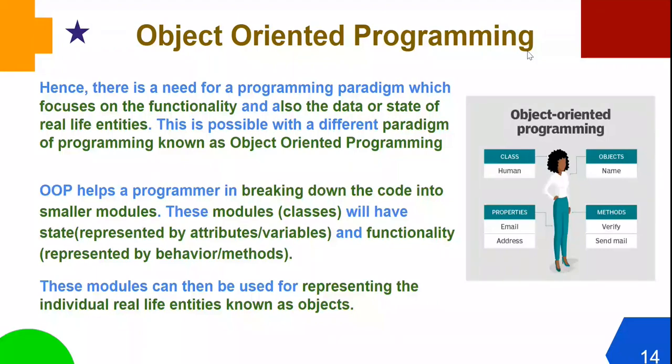In this paradigm, it not only focuses on functionality but also focuses on the data or state of entities getting stored. How? The answer is we create a class as a template. So let's see how the template is created by understanding with one example.